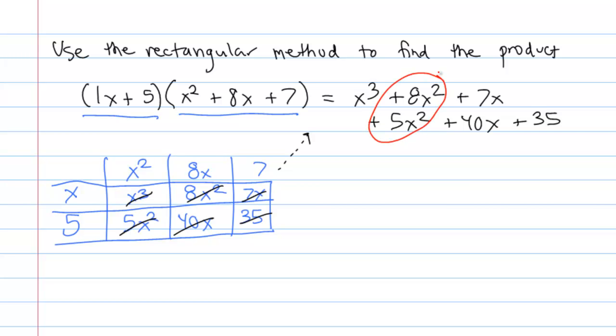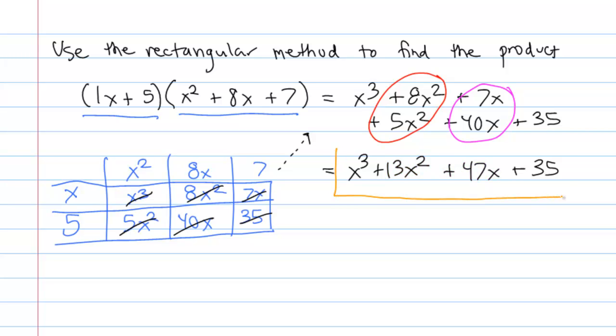We have an 8x squared and a 5x squared, so those added together get me 13x squared. I also have a 7x and a 40x, so if I add those together, I get 47x. And then I have the other terms which are not like terms, the x cubed and the 35. And so I find that my answer is x cubed plus 13x squared plus 47x plus 35.